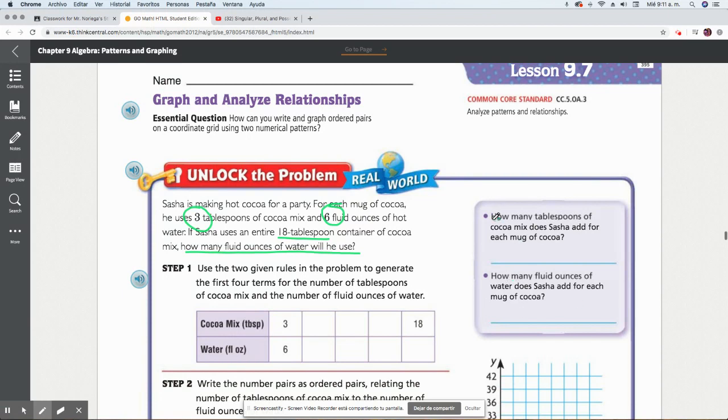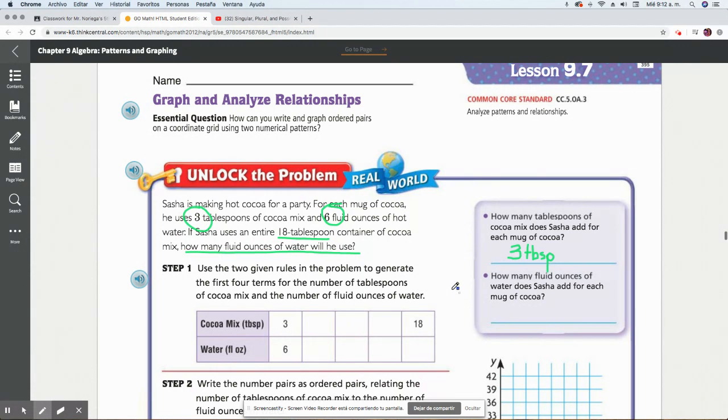Okay, first question: how many tablespoons of cocoa mix does Sasha add for each mug of cocoa? So that would be the first number that we circle, which is 3 tablespoons. Okay, so I want you to write 3, and we're going to abbreviate the word tablespoons by writing T B S P. Okay, I think I need to change the color of my pencil because it's kind of hard to read.